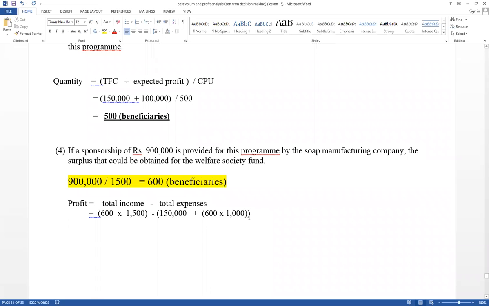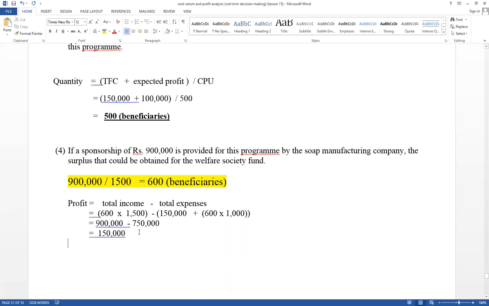Then take the answer. Total income equals 900,000 and total expense is 600,000 plus 150,000. Therefore, total expense equals 750,000. Profit is the difference, 150,000, total income minus total expense.